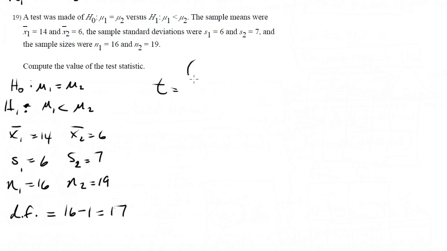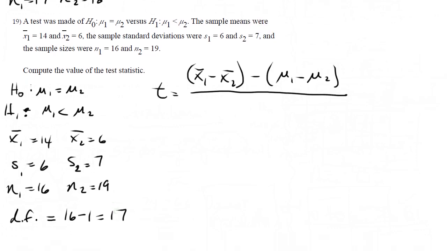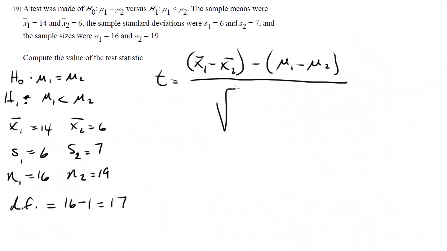T equals x1 bar minus x2 bar, minus mu1 minus mu2, the population means subtracted from each other, and these sample means subtracted from each other, over the square root of S1 squared over N1 plus S2 squared over N2.